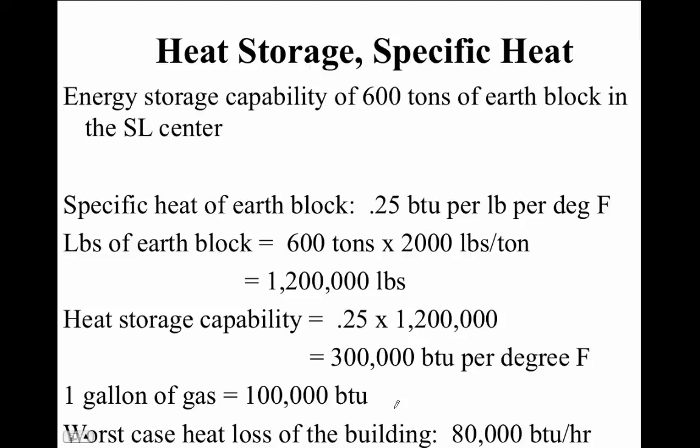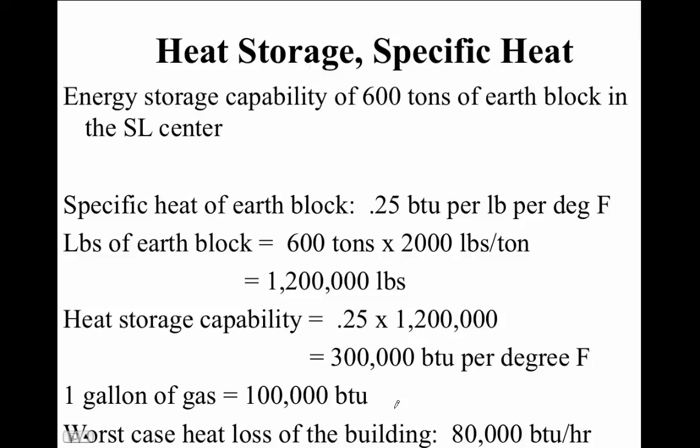Now, when we have extra solar energy during the day, if we were to raise the temperature of the whole building up 10 degrees, maybe from 70 to 80, 10 times 300,000 would store 3 million BTUs of energy in the walls of that building, which as we cool the building off at night from 80 back to 70, we could get that 3 million BTUs back.